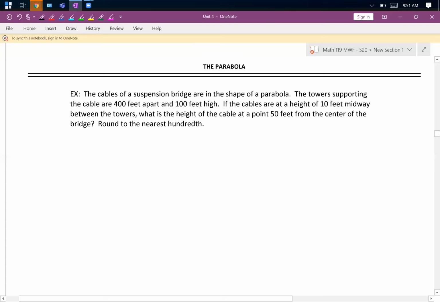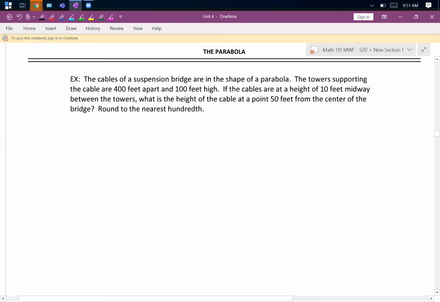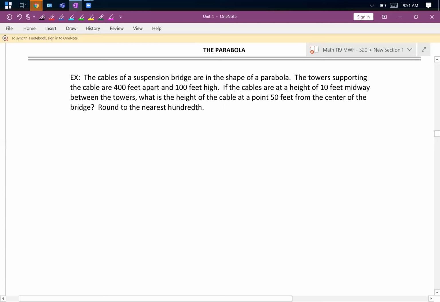If the cables are at a height of 10 feet midway between the towers, what is the height of the cable at a point 50 feet from the center of the bridge? Round your answer to the nearest hundredth. So I'm definitely going to start with a picture. So it's a suspension bridge with these 100-foot high supporting towers.